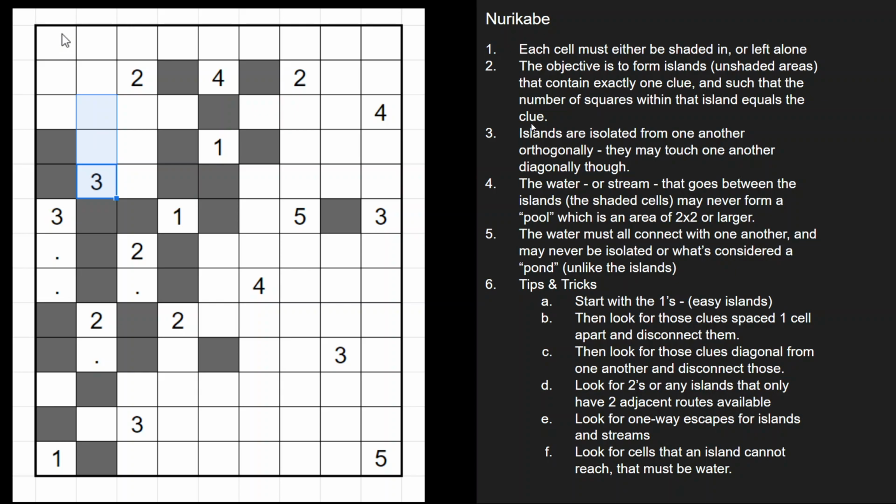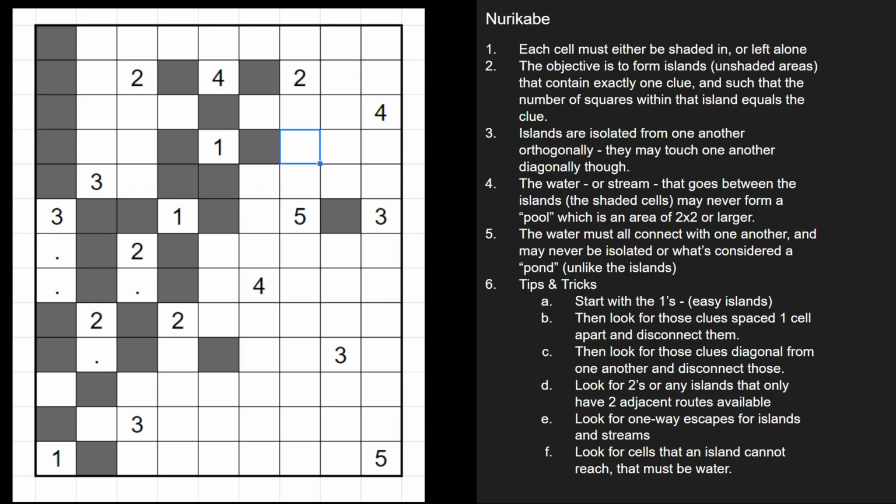So no matter what, this cell cannot be reached. This cell also can't be reached. And this cell can't be reached by either the 2 or the 3. And the 4 wouldn't be able to reach there either. So there's no way any of these 3 cells can be part of an island. So again, I know that those can be shaded in.